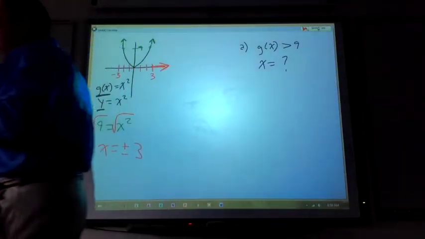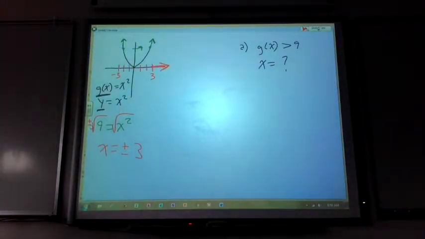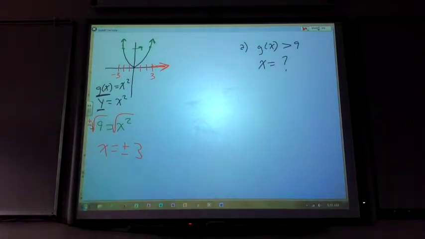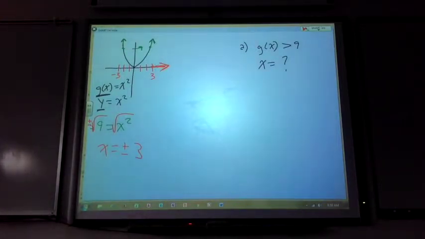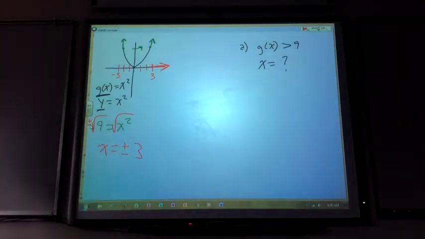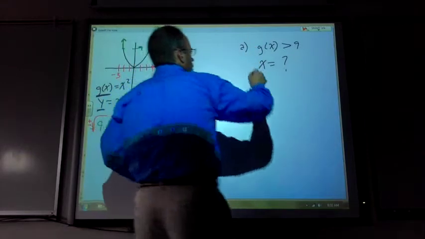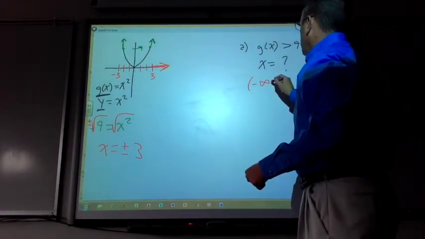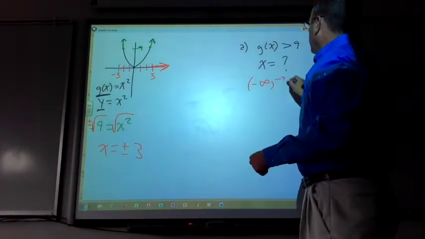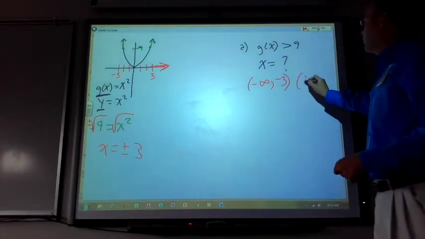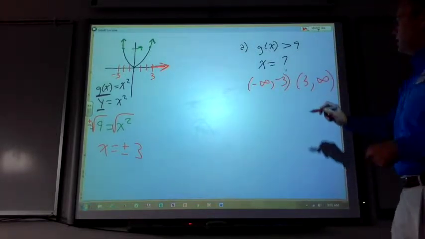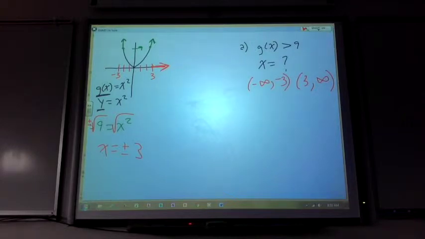At negative 3, if I go negative 4, negative 5, negative 6, negative 7, so on forever and ever that way, you're still going to get a value bigger than 9. Okay? So, to answer this question, from negative infinity to negative 3, and from 3 to infinity, those are going to give me y values that are bigger than 9. What kind of values are going to happen in between?